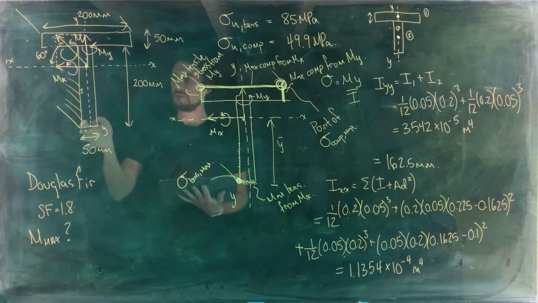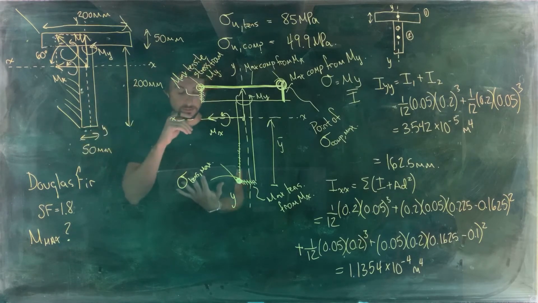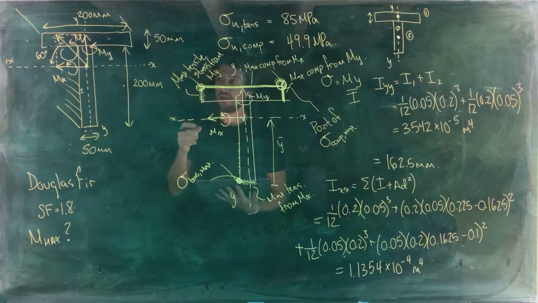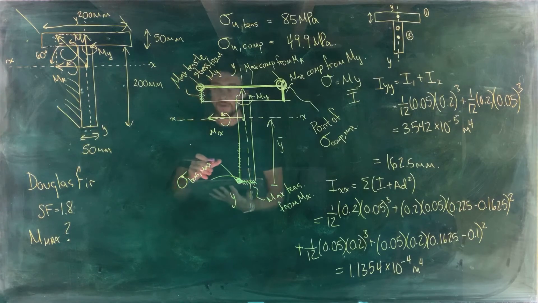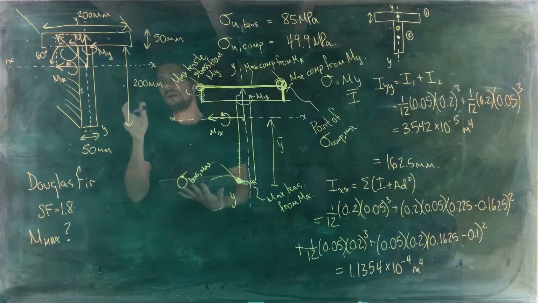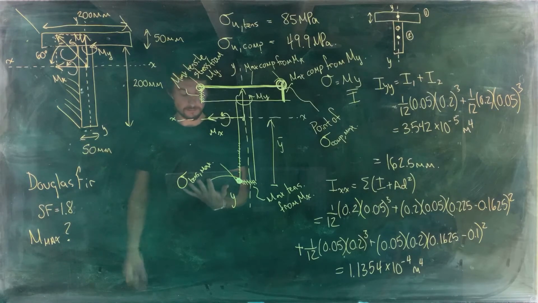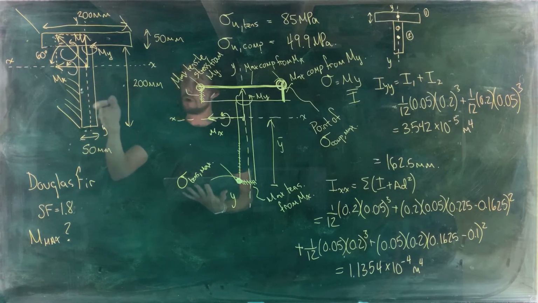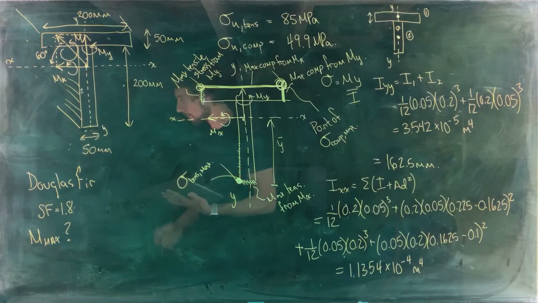But maybe the wood is commonly sold in sizes of 250, so it just makes sense to use this. Of course wood isn't sold in 50 by 200 millimeters, but that's just an example. So it could be for reasons like economics or just availability of materials and not over engineering it. But you're right, this would get stronger if we added a bottom piece to make it an I-beam instead of a T-beam.